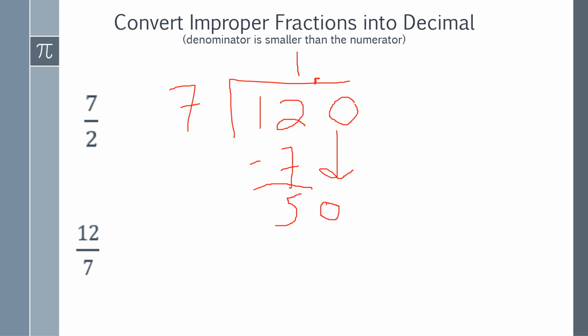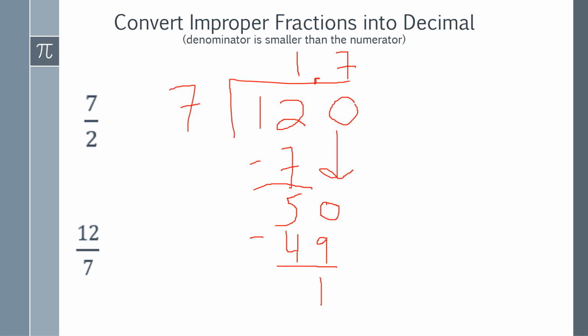And 7 can go into 50 7 times. 7 times 7 is 49. And 50 minus 49 is 1.